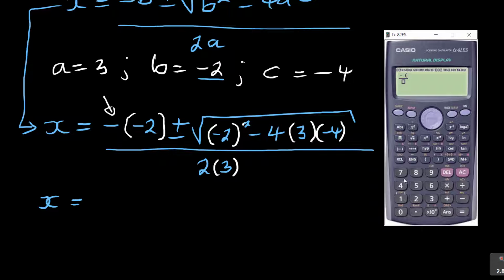You need to give us the answer straight away. Plus, start with the positive one, square root of, bracket. It was what? Negative 2 squared, minus 4, bracket, 3, close it, bracket, negative 4, then you close it as is. And then you go down here to say 2 bracket 3.